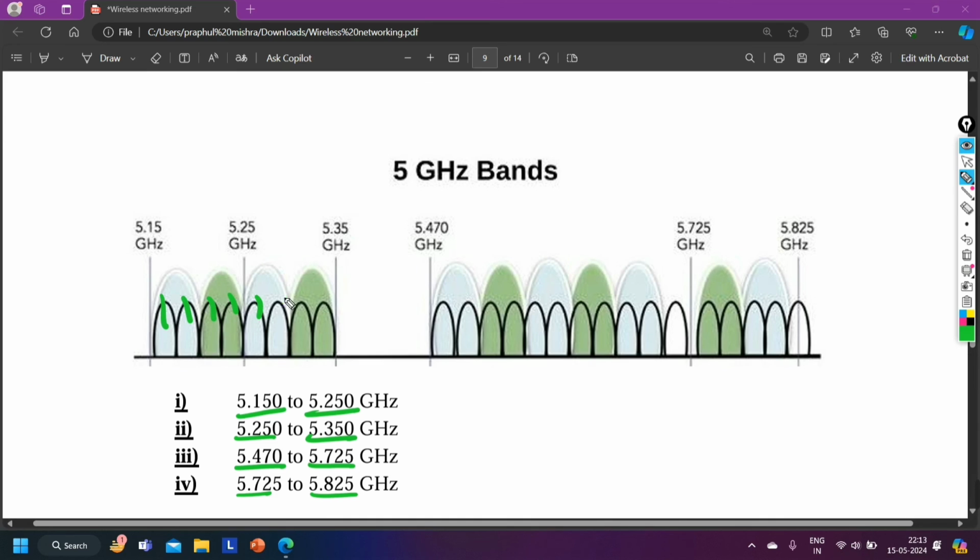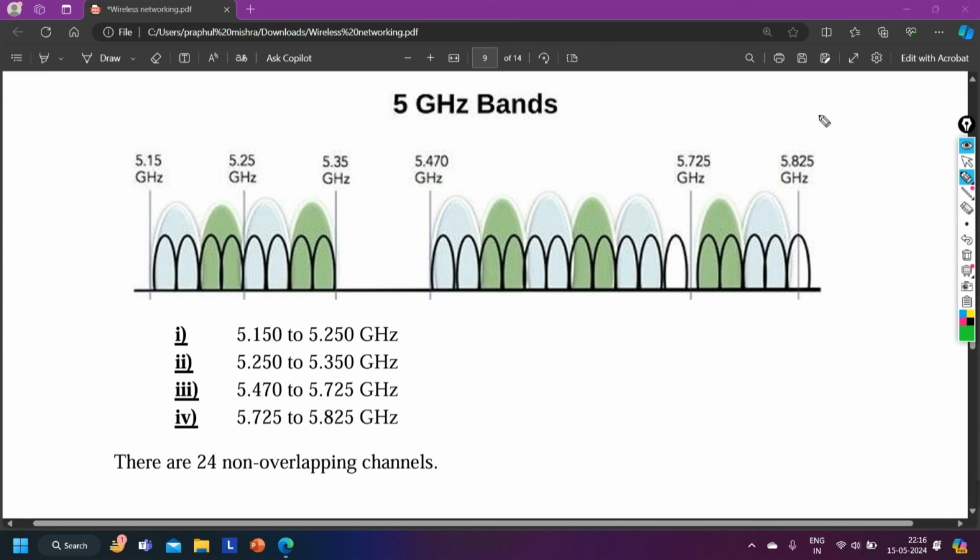1, 2, 3, 4, 5, 6, 7, 8, 9, 10, 11, 12, 13, 14, 15, 16, 17, 18, 19, 20, 21, 22, 23, 24. So we have 24 channels under 5 GHz. And guys, if you want to check the channels under 5 GHz, you can Google it.